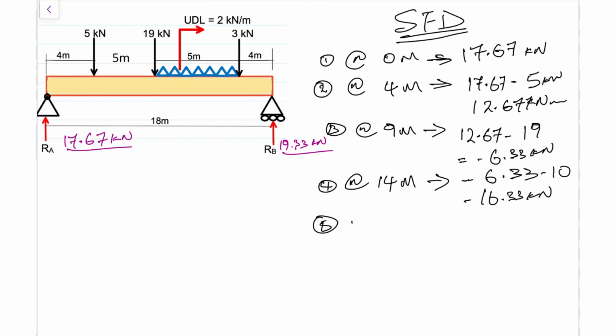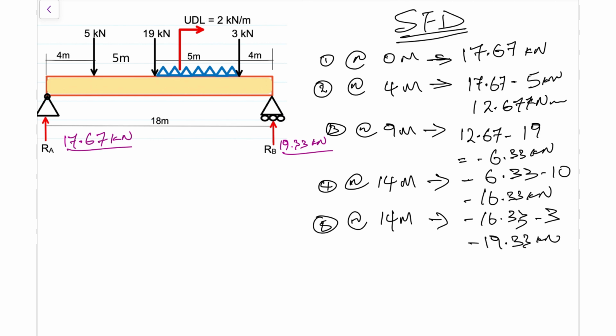So we have another point at 14 meters, which is exactly where that next force, 3 kilonewtons, is acting. We would already be at negative 16.33, and we would now go down by another 3 kilonewtons, and that would take us to negative 19.33.